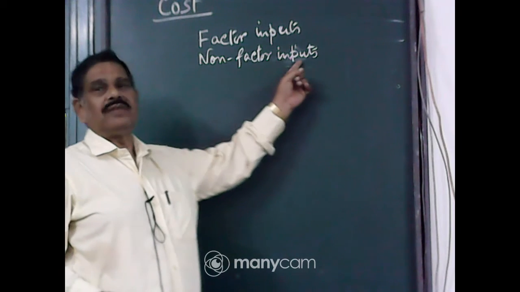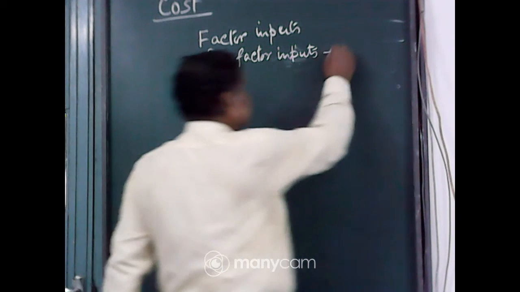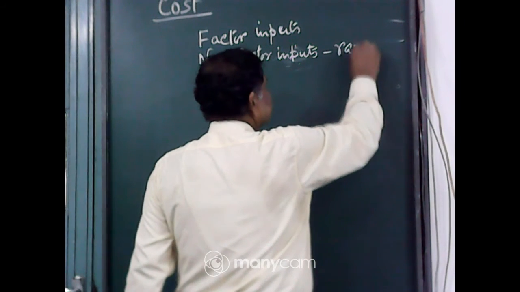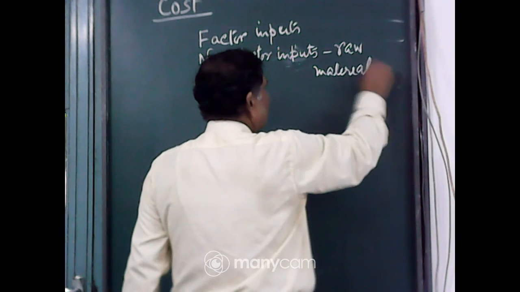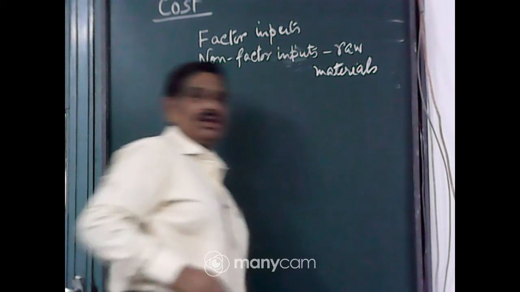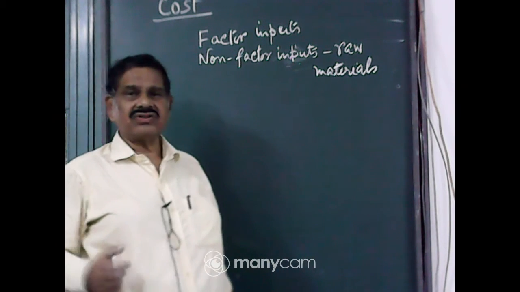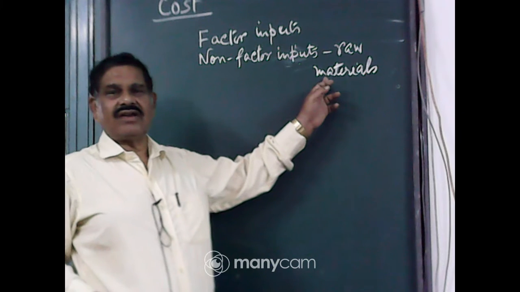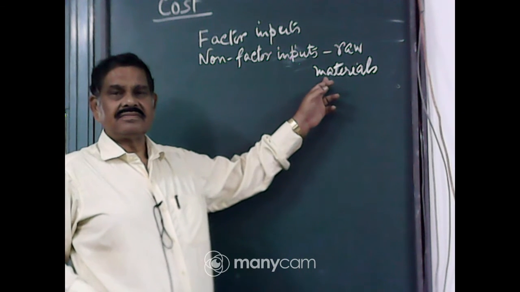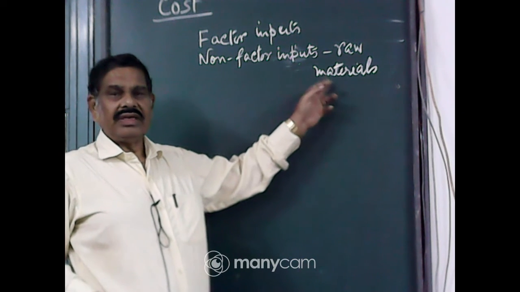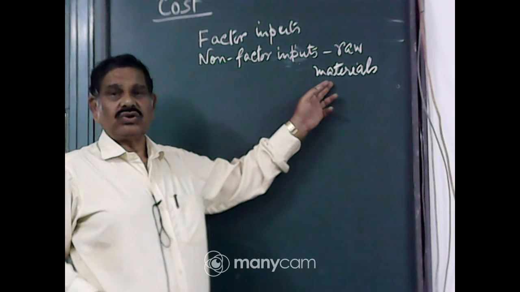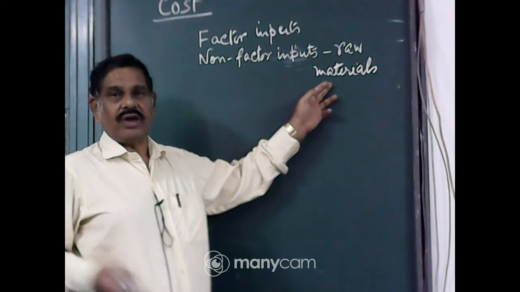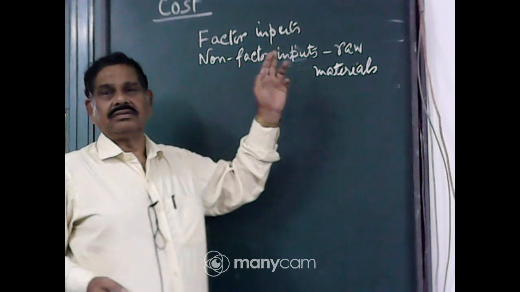And non-factor inputs are raw materials. Without raw materials, production cannot be done. So, if you want to produce iron bar, you have to purchase raw stone from where you can get the iron.